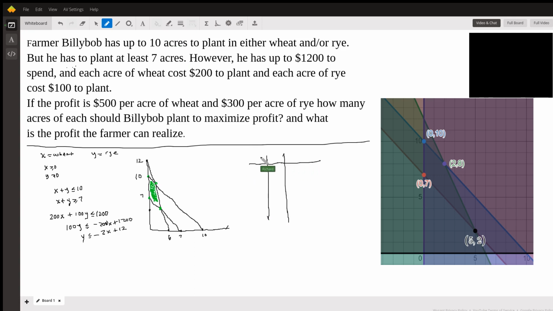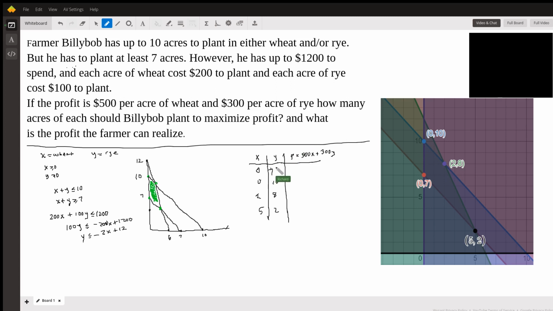We'll have X, Y, and P for profit, which is going to be 500X plus 300Y. Our first point will be 0, 7. Next point will be 0, 10. Next point would be 2, 8. And the last point would be 5, 2. As I say, you can get these intersections pretty easily just by setting one of these lines equal to the other line.